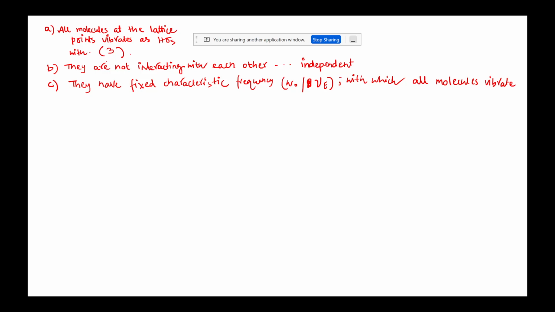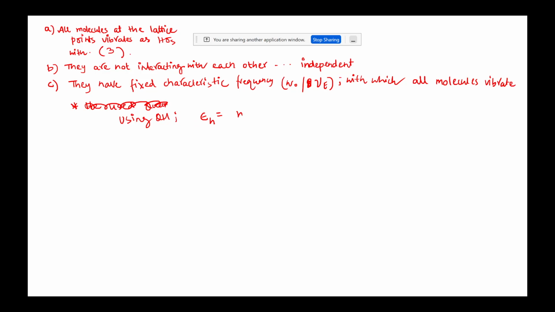So what is in quantum? Let's prove it. Using quantum mechanics, what is the energy of a single harmonic oscillator?